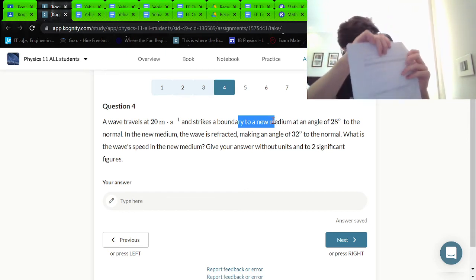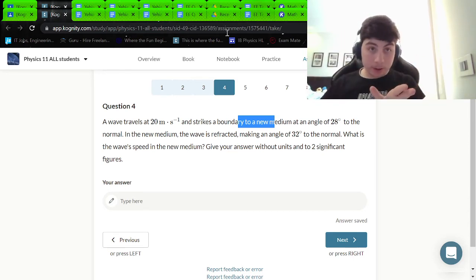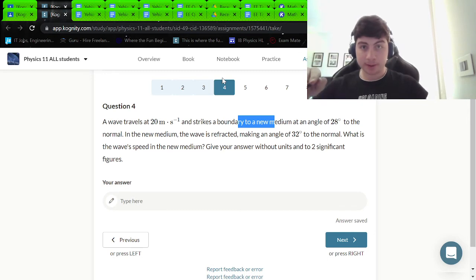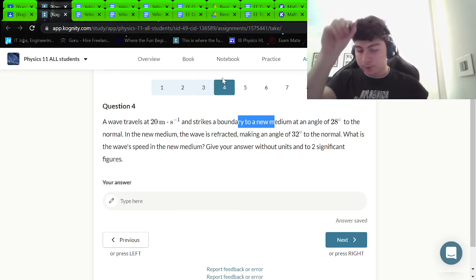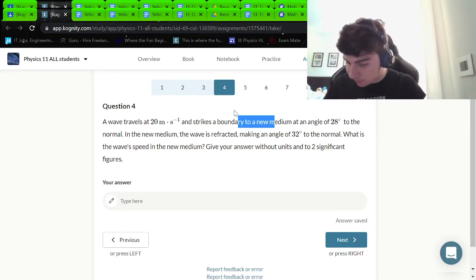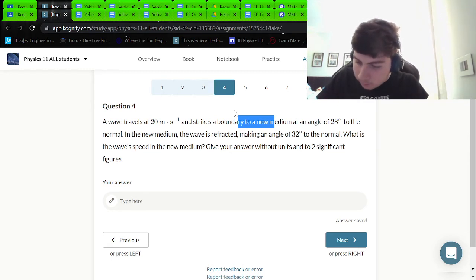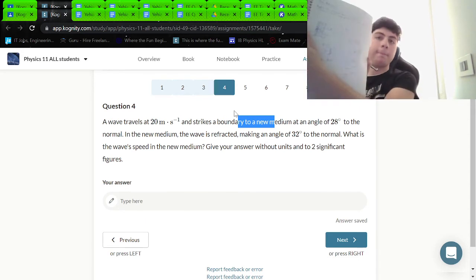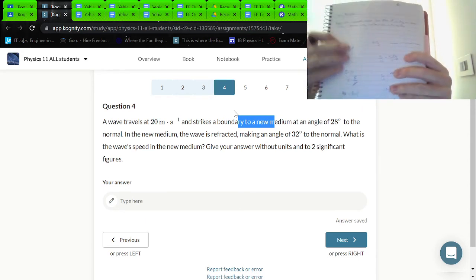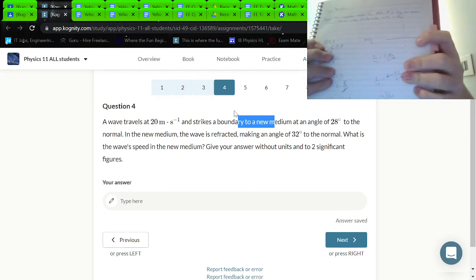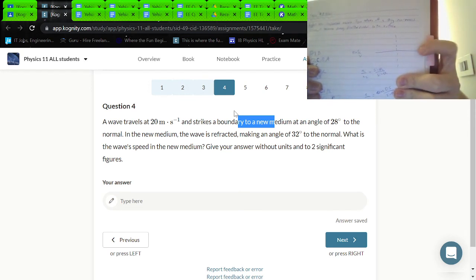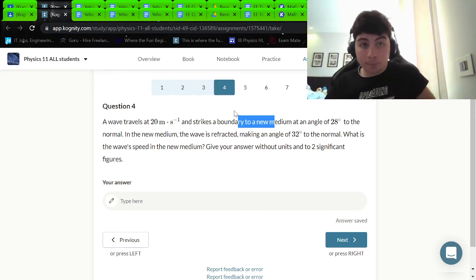Now, I promised I would help you guys. So, what we're going to do here, the one wave is traveling like this, 20 meters per second. And it hits the boundary. Draw a boundary, draw the normal to the line. Let me draw a better example. Boom, like that. Oh, okay, you guys can see it. Draw a boundary and normal to the line first. Then get that first wave in.